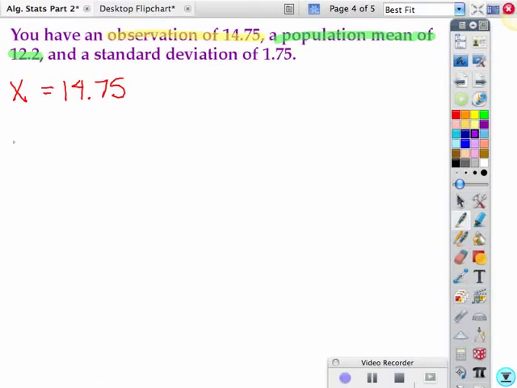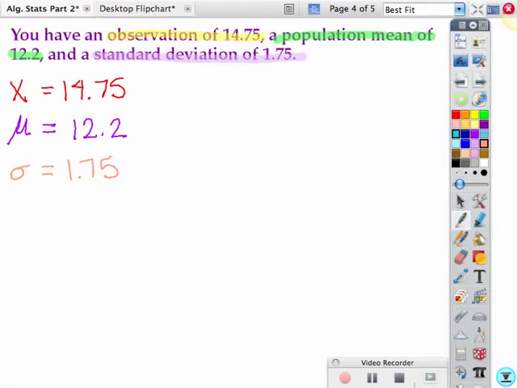That is our mu, which is 12.2. Then our last bit of information is our standard deviation. This one is the sigma, and that is 1.75.